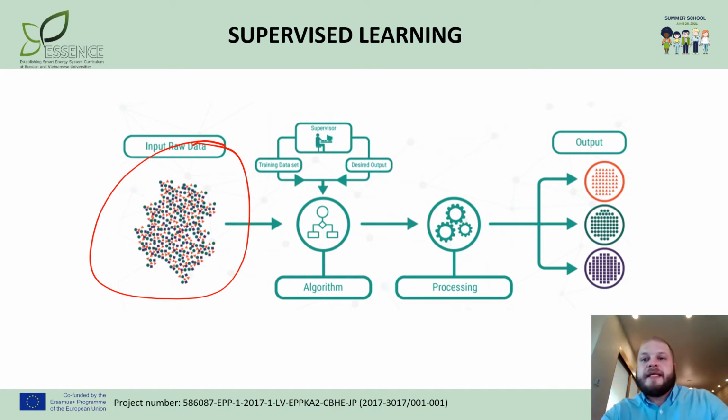Supervised learning can be separated into two types of problems when data mining: classification and regression. Classification uses an algorithm to accurately assign testing data into specific categories or classes.